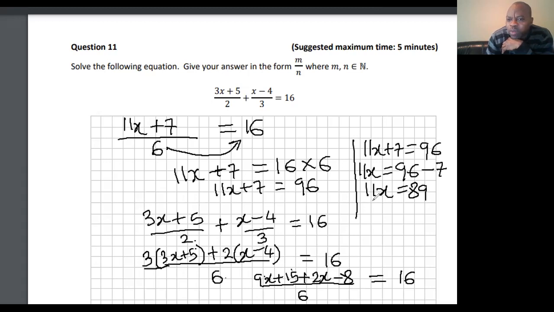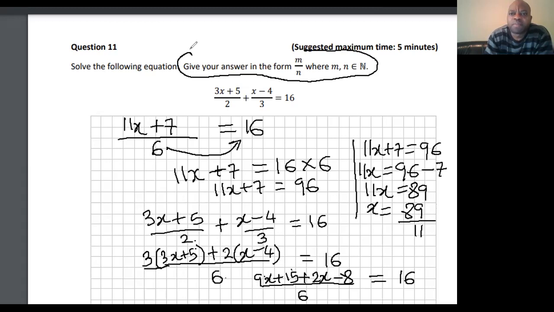So now to get our x, your x will be equal to 89 divided by 11. If you go back to the condition of the answer, you can see it was clearly stated that you should leave your answer in the form of m over n, where m and n are elements of natural numbers.